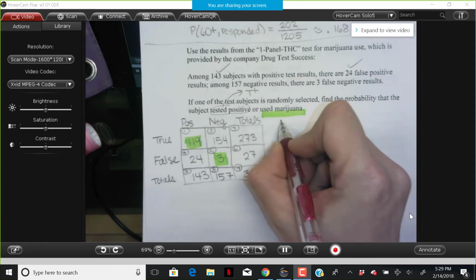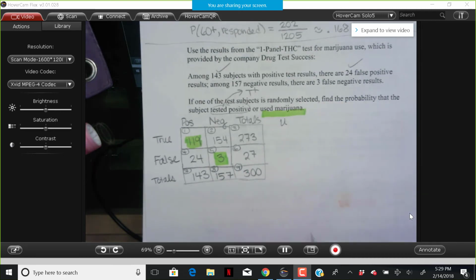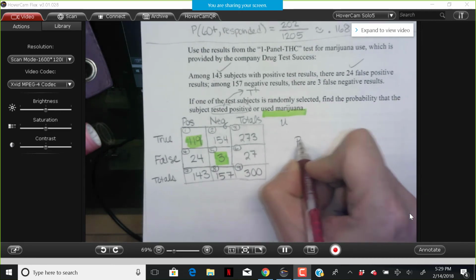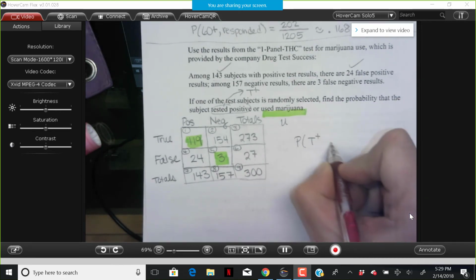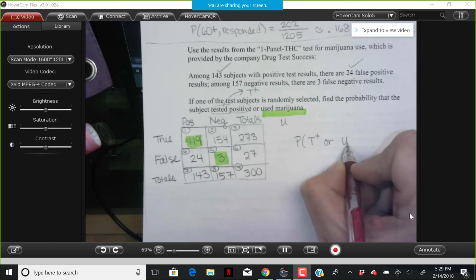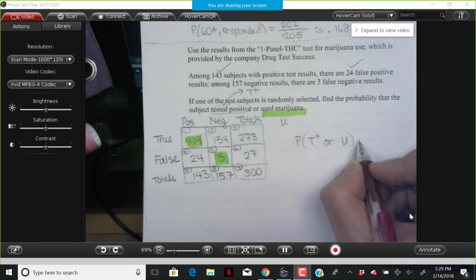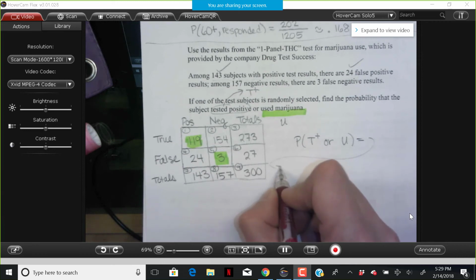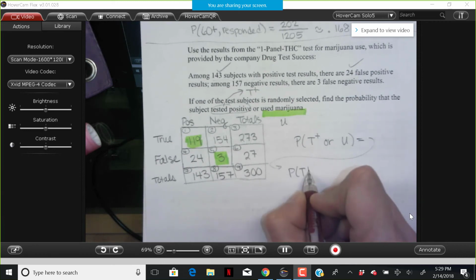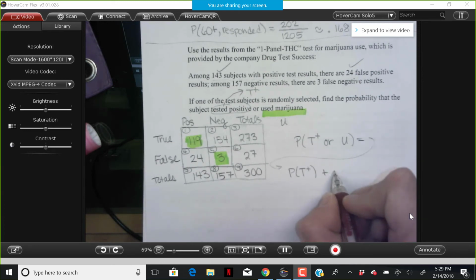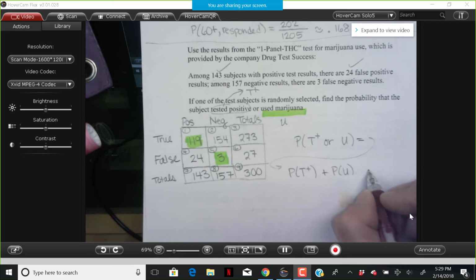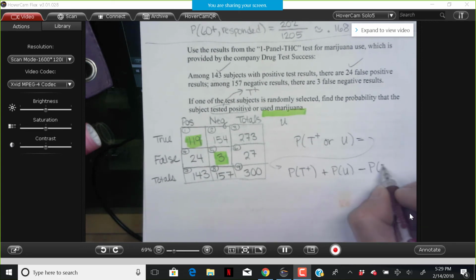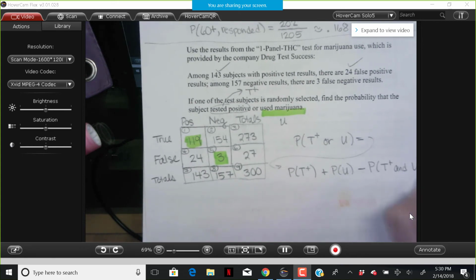And then use marijuana, I'll just use the letter U. So they want us to find the probability that the test was positive or they used. And the formula we have from the previous page is the probability the test was positive plus the probability that they used minus the probability the test was positive and they used.